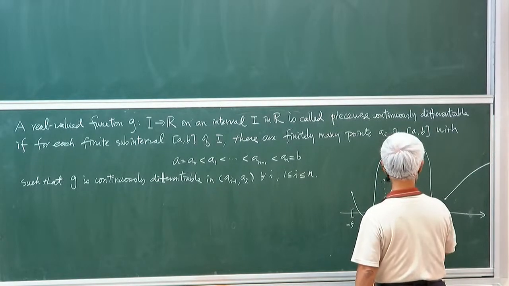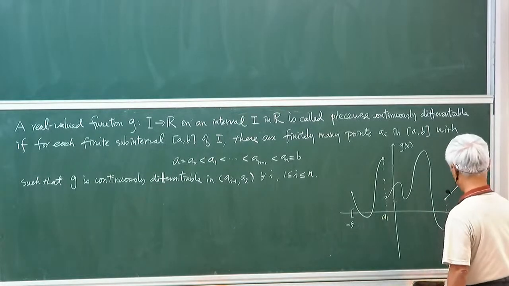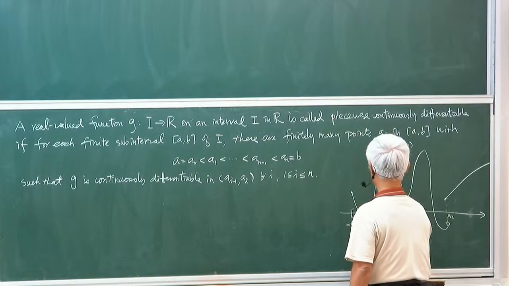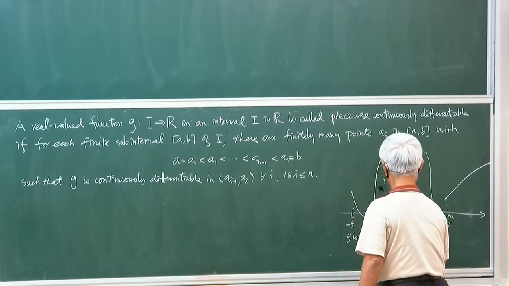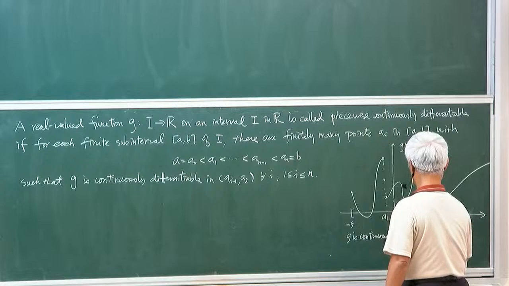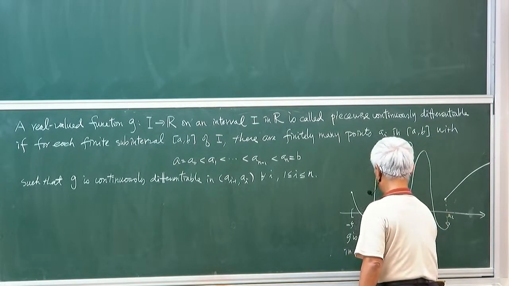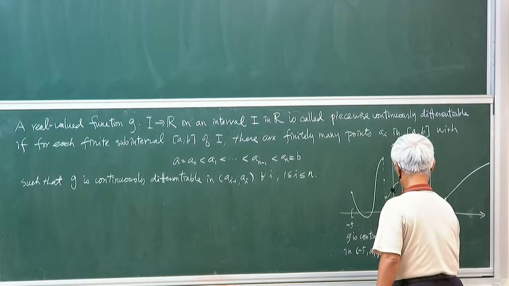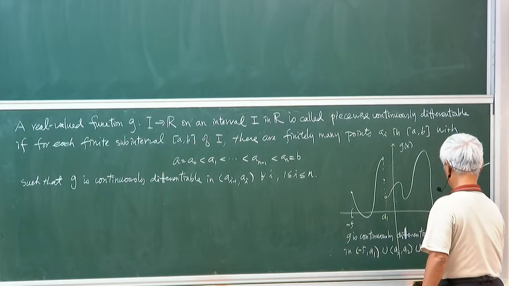You have a_1 here, a_2 here. And you see that g(x) is continuously differentiable in minus 5 to a_1, union a_1 to a_2, union a_2 to infinity.